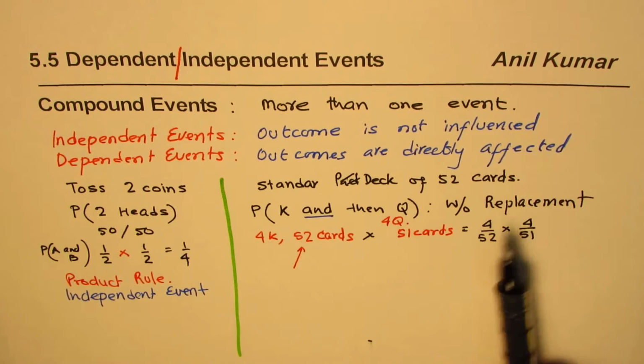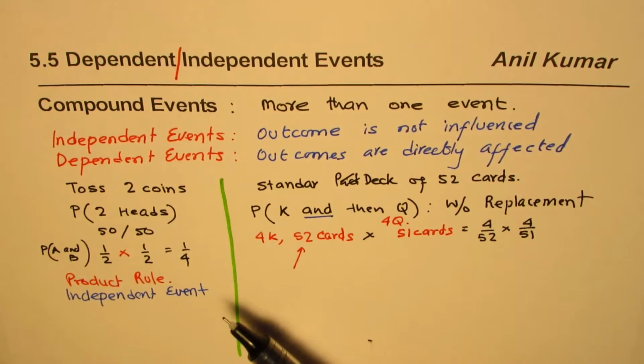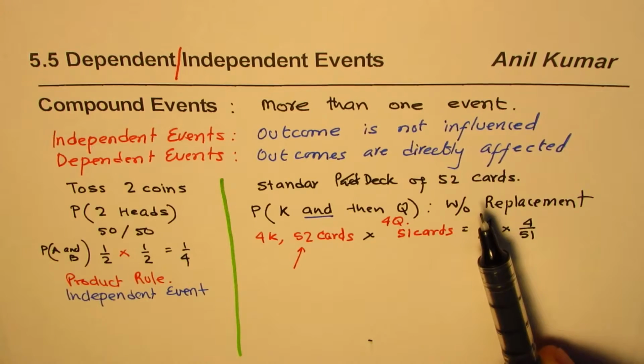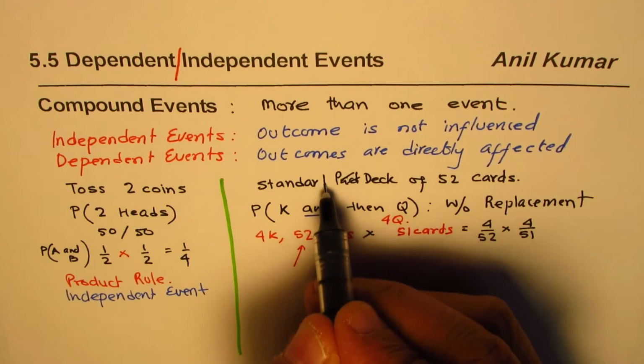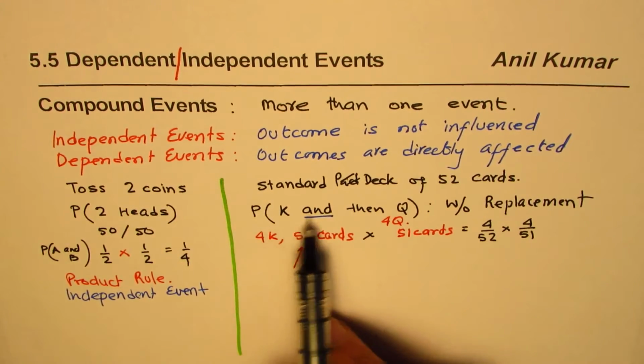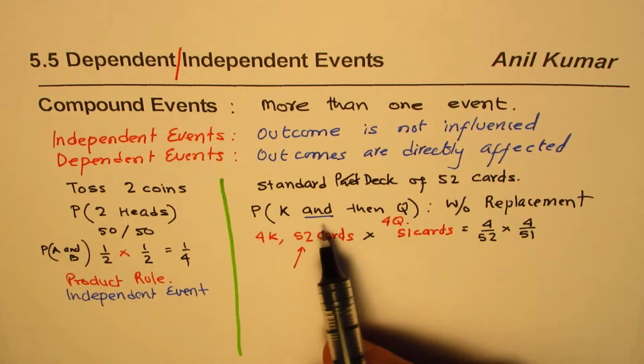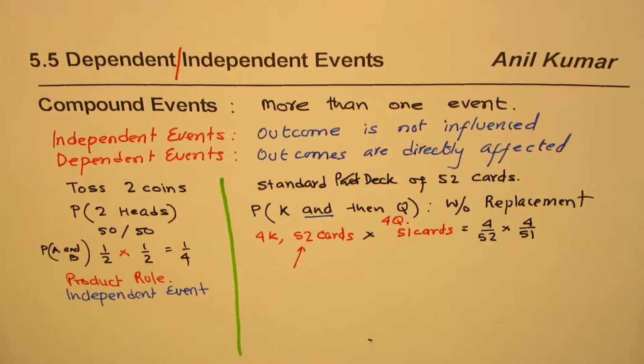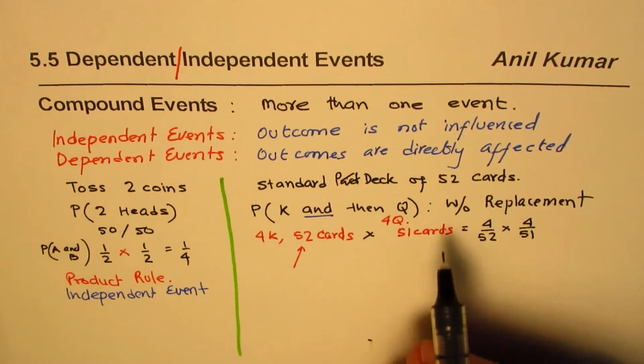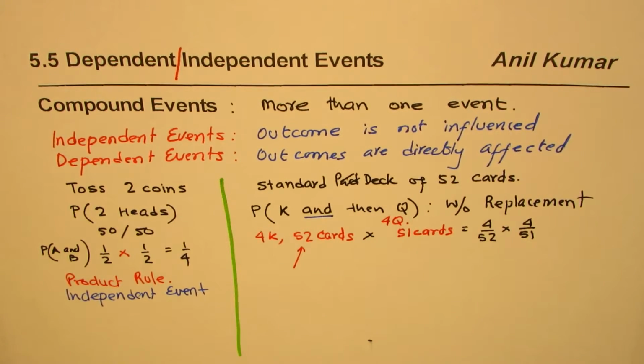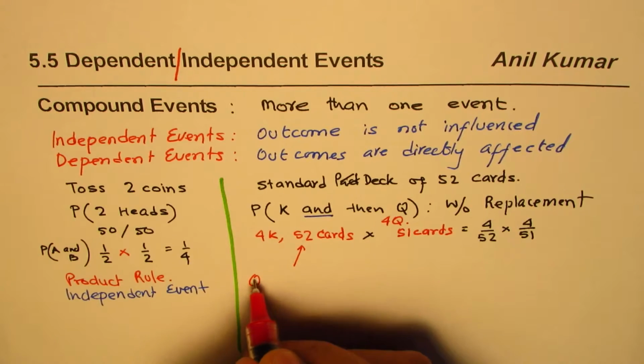So we have a pack of cards, and we're drawing one card followed by another, from a standard pack of 52 cards. We have to see whether it is an independent or a dependent event. This is an example of a dependent event. Now here is a question for you.